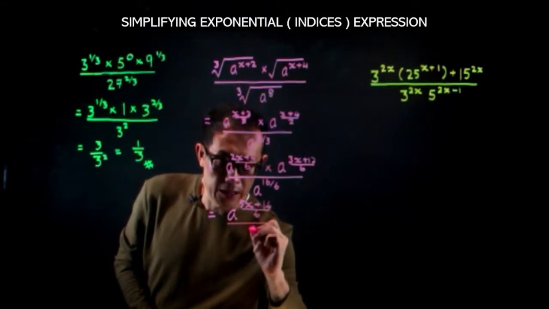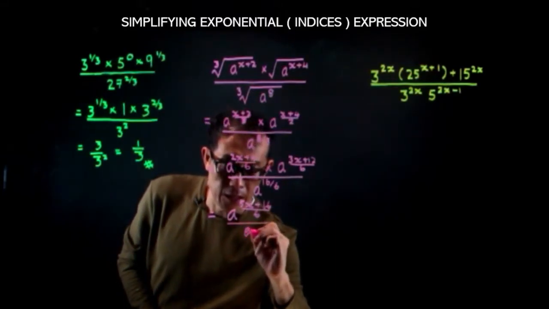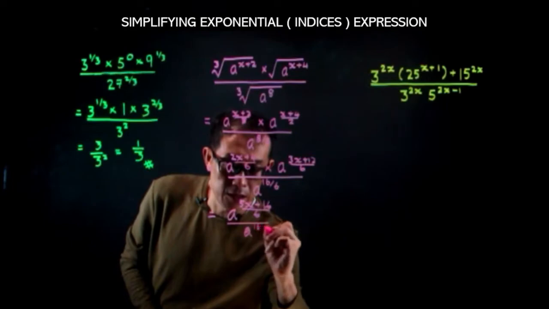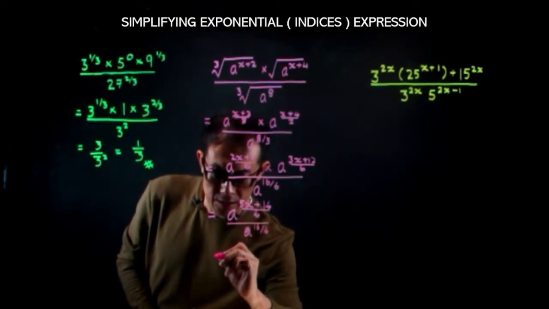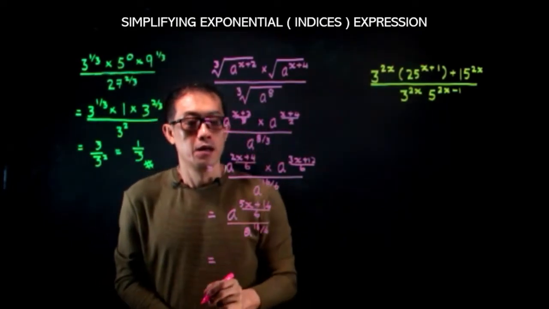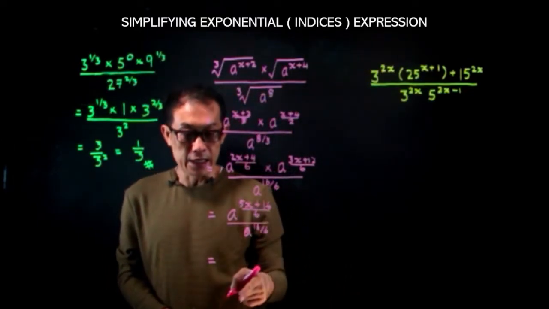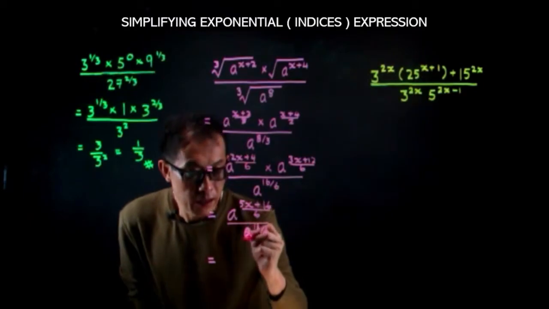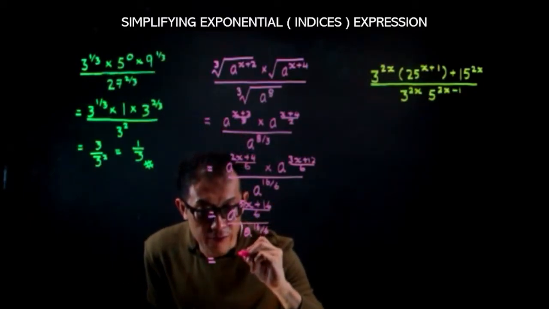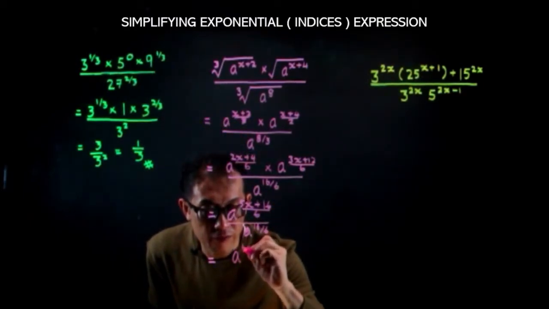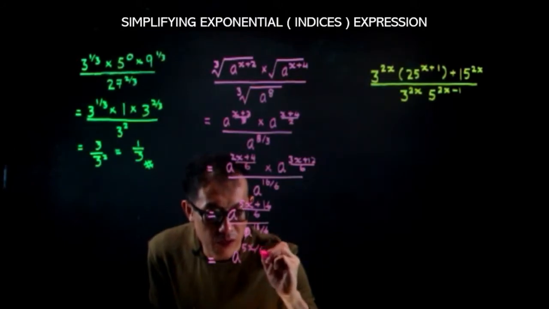Then the denominator you have a to the power of 16 over 6. Now if it's a division, you minus the index. So in the end you are left with a to the power of 5x over 6.